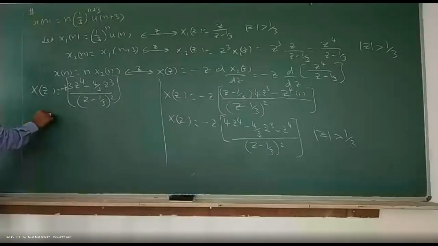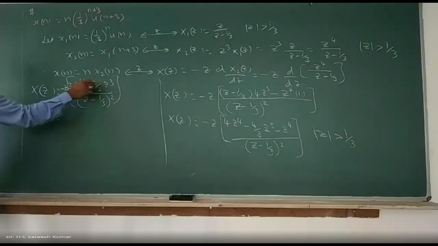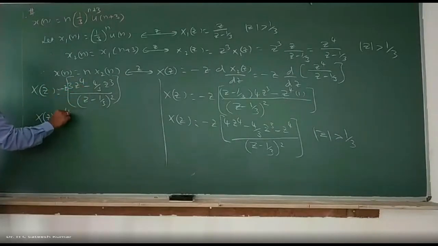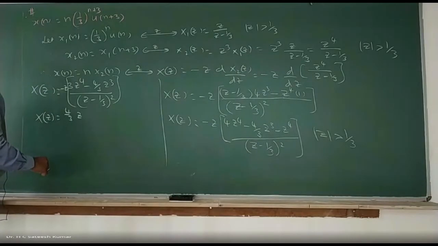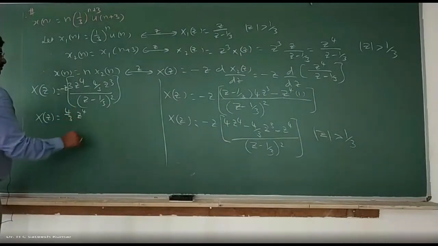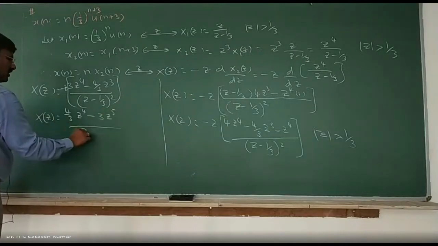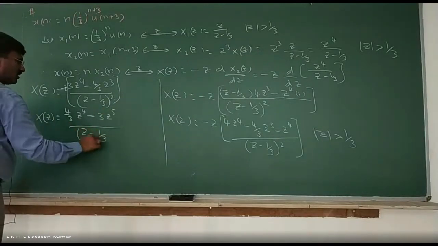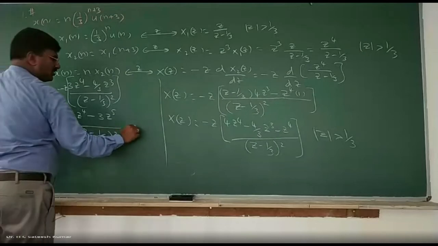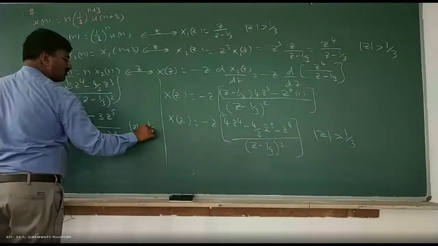X of z is equal to, take this minus z inside and minus into minus, first you write this term, minus into minus plus 4 by 3 into z to the power of 4 minus 3 into z to the power of 5 whole divided by z minus 1 by 3 whole square with ROC mod z greater than 1 by 3.